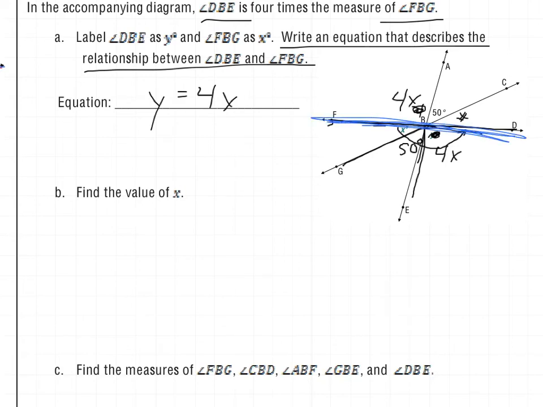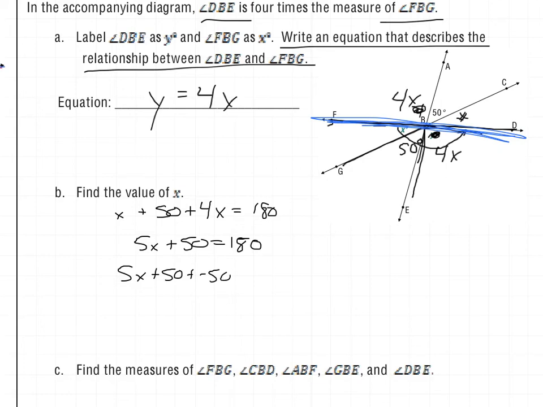So I'm going to write my equation, x plus 50 plus 4x equal to 180. 5x plus 50 is equal to 180. 5x plus 50 plus negative 50 is equal to 180 plus negative 50. 5x is equal to 130. So x is equal to 16.